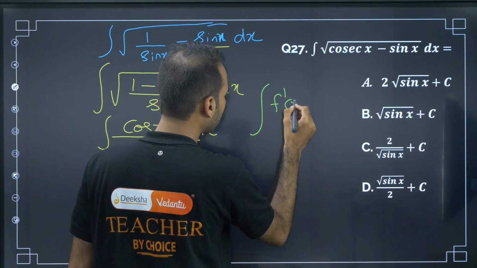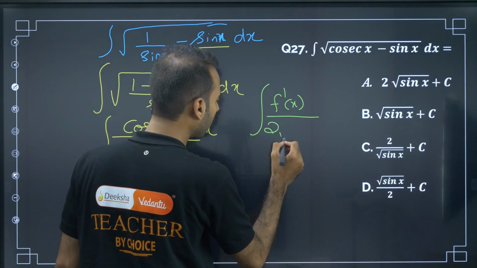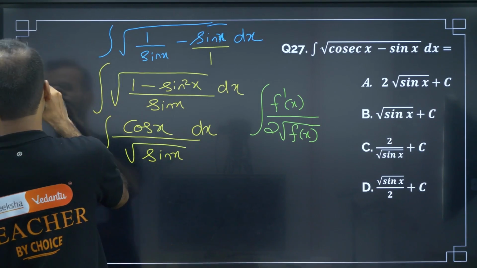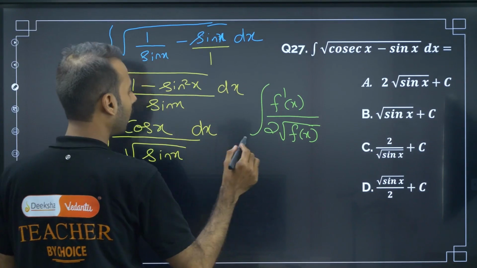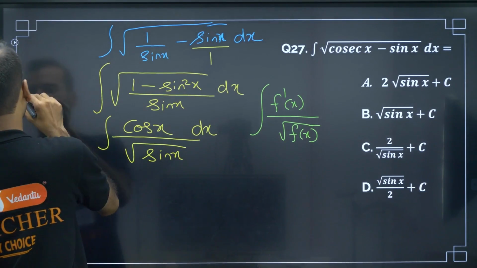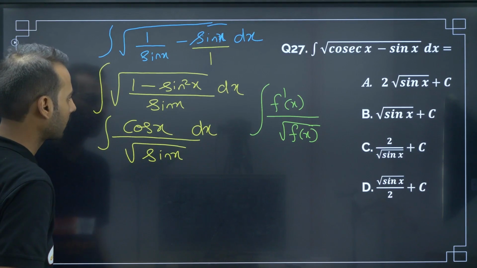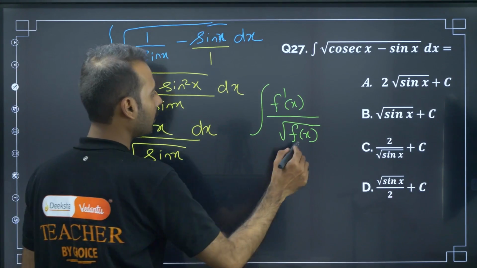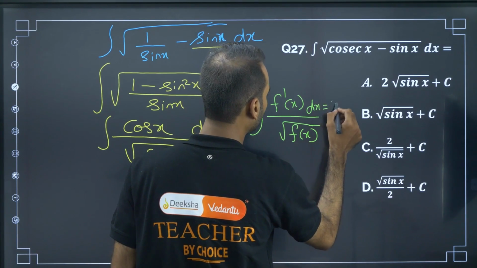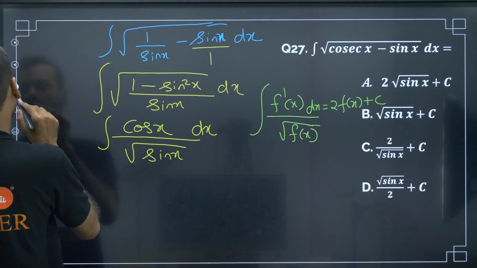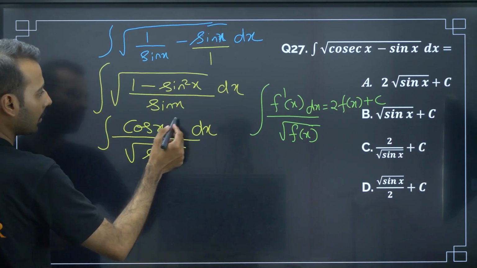Next, integration of f dash of x divided by root of f of x, let me try to recall this, is equal to 2 root f of x plus c. So you try to relate this and that.